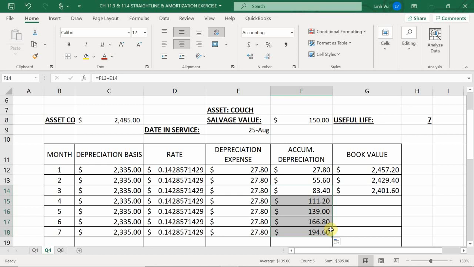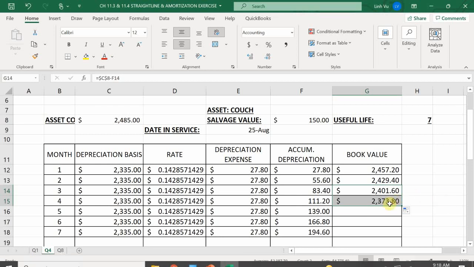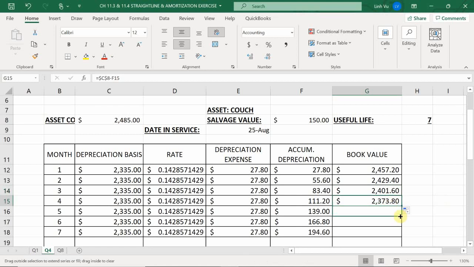So in this case, let's go ahead and solve for all the book values. So what's my book value as of month 4? 2373.80. What about the book value at month 5? 2346, okay.